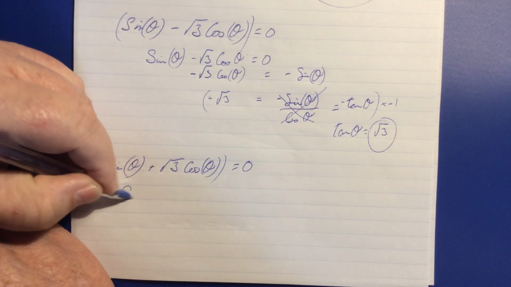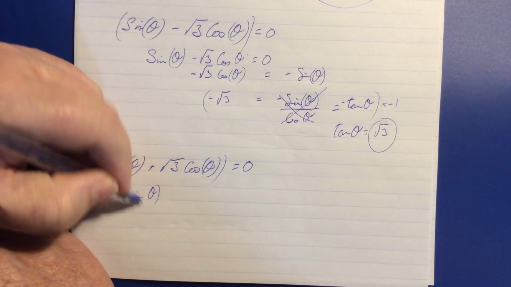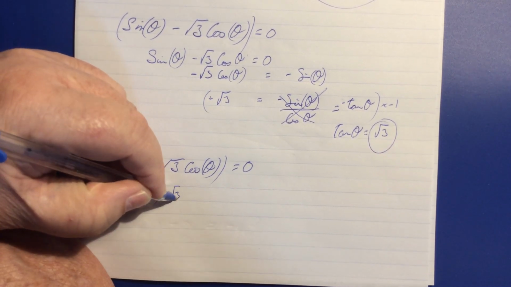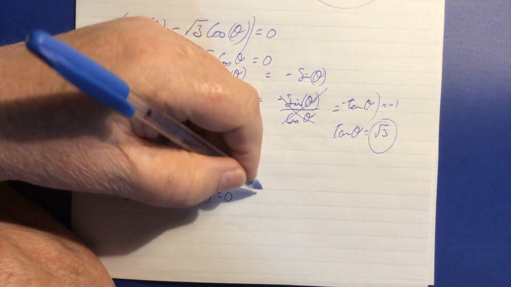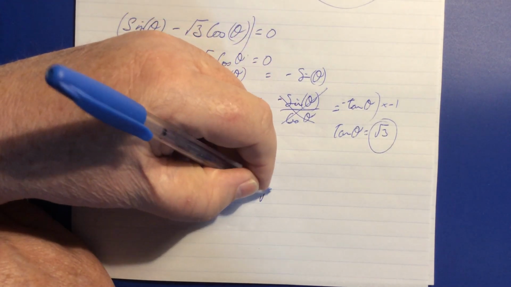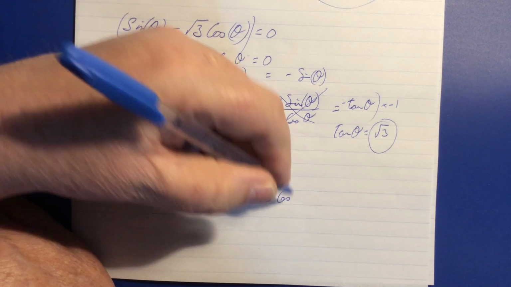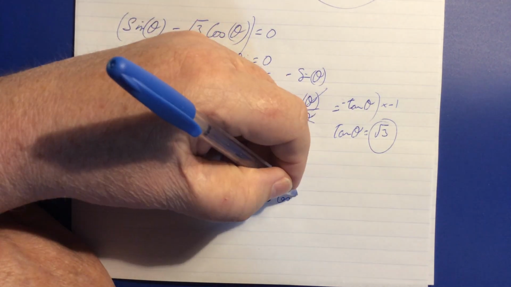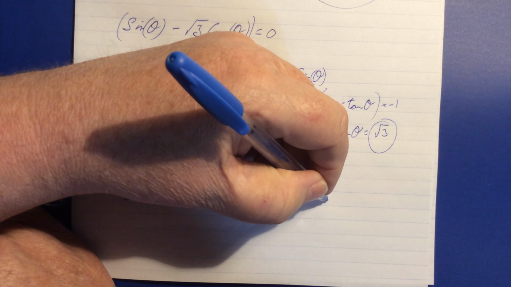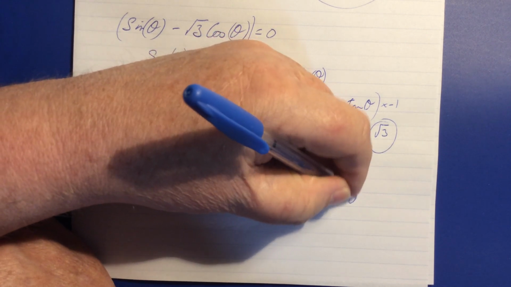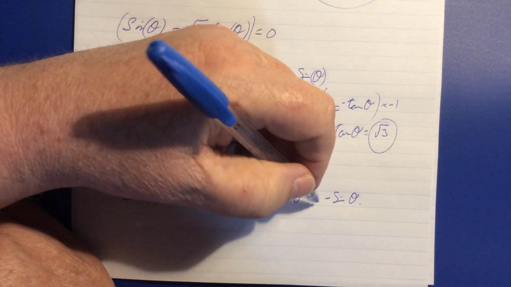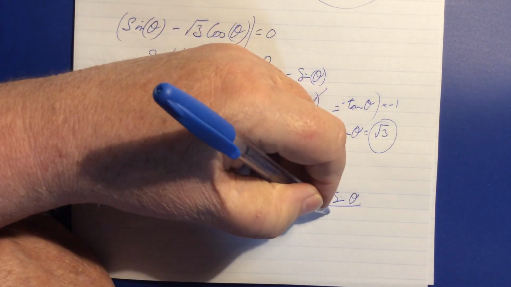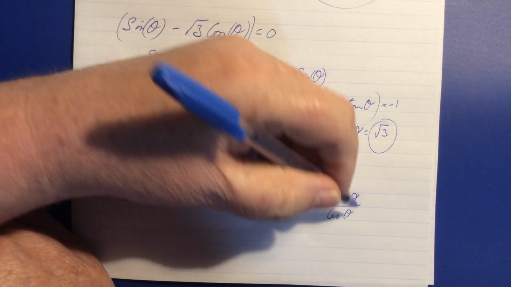Okay, quickly, because this is a little bit repetitive, plus root 3 cos theta equals 0. So, root 3 cos theta equals negative sine theta. We'll just divide through by cos theta.